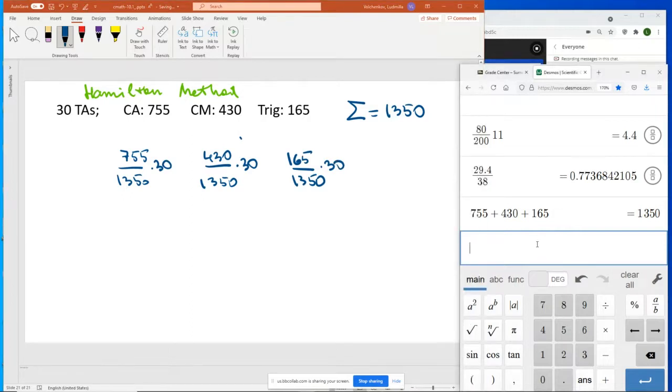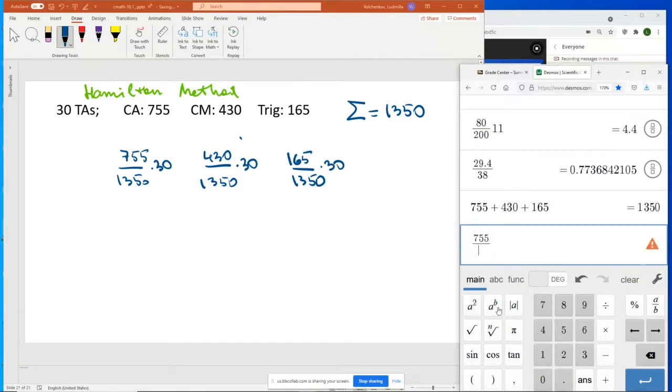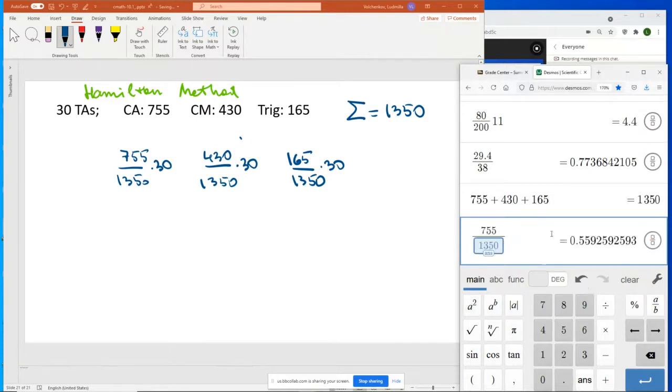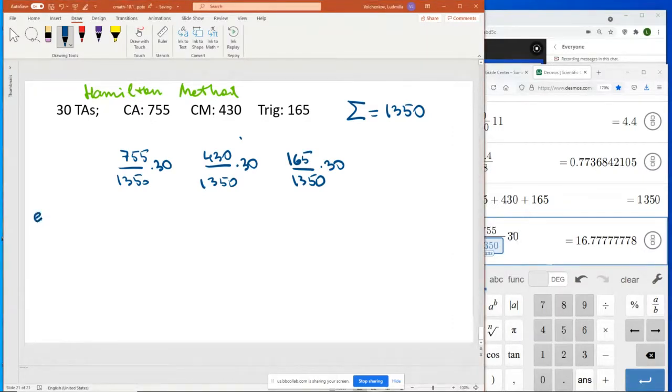First, college algebra: 755 students divided by the total, the answer from the previous step, and multiplied by 30. What we have found on this step is the exact quota, and it is 16.78.